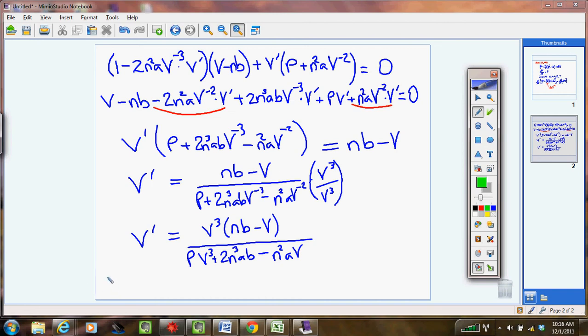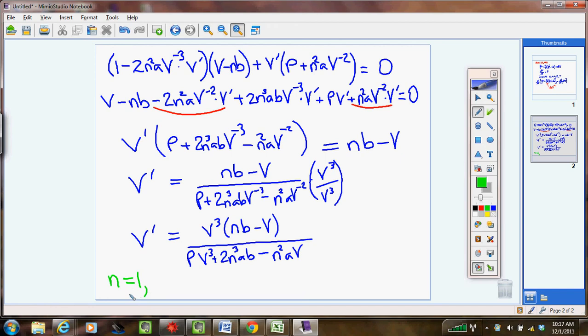So 1 mole tells me that the value of n is going to be 1. 1 mole of carbon dioxide at a volume of 10 liters, V equals 10 liters. And pressure, P equals 2.5 atmospheres, atm. That's just the unit of measure for pressure.